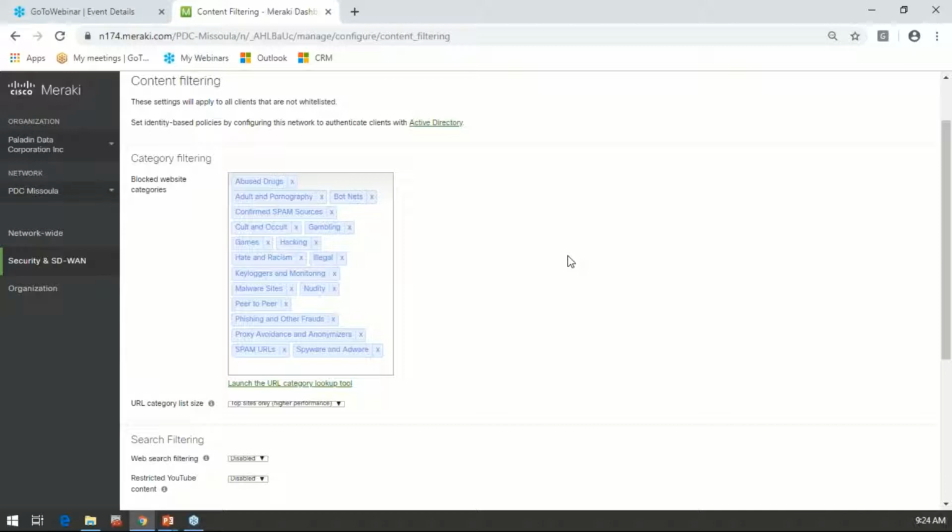And there are a lot of threats at some of these other categories of sites. So that's why we block those by default. Any customer that would like to have additional categories blocked, we can do that. Or if you don't want some of these categories blocked, we can do that. We're happy to customize that for you.